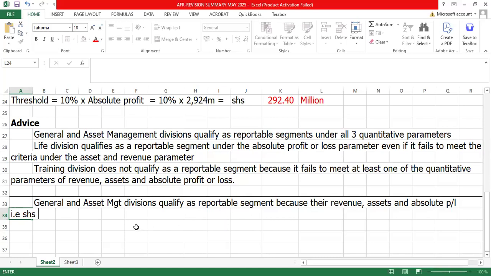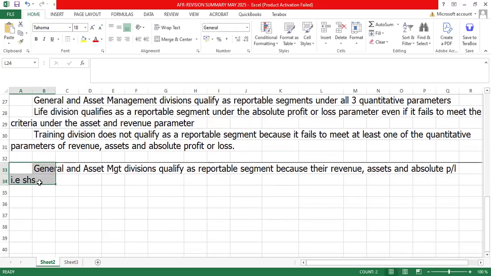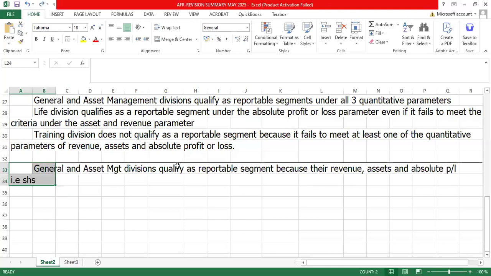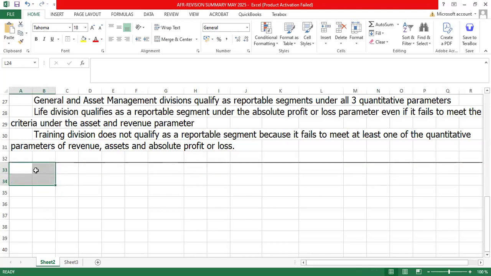But I think this one just confuses us. Let's just go with the first one. If you want to bring the values, maybe you look at each parameter separately. It's a wastage of time to me.